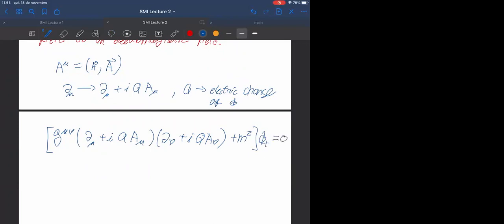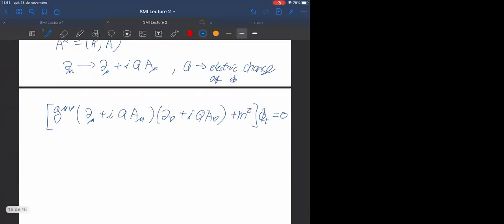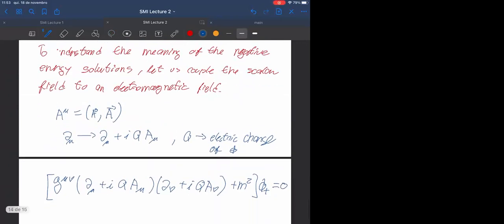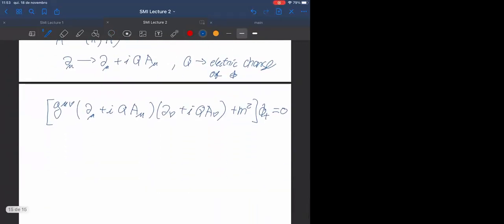So we are looking into only the positive energy solutions here. We know that both solutions obey a Klein-Gordon equation, so everyone is happy about it. And now we know that the negative energy solutions are the complex conjugate of the positive one, so that phi minus is phi plus complex conjugated.